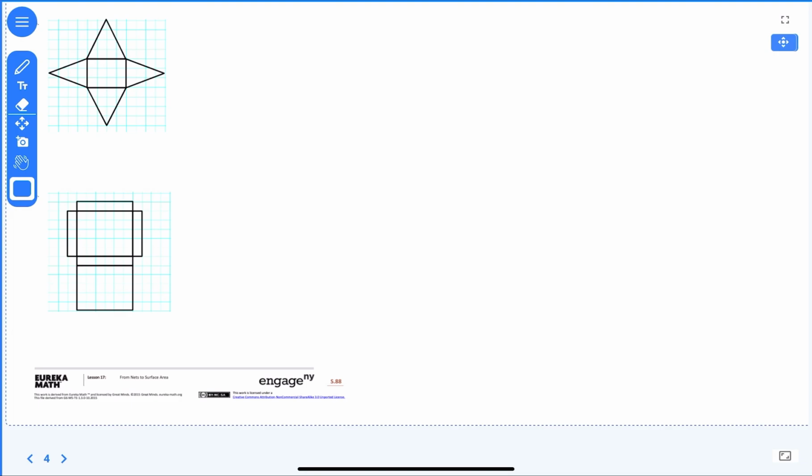What is this one going to be called? Rectangular pyramid. Because there's no top, right? It just comes to a point. So let's write out our measurements. What is that? 4. Is that 4 too? 4.